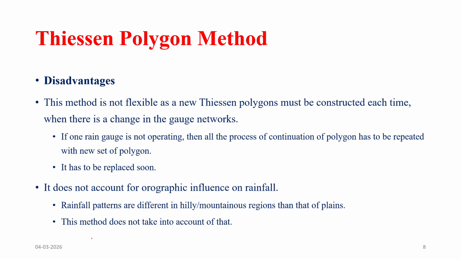The Thiessen polygon method does not handle orographic influence or orographic effects well. In hilly or mountainous areas, rainfall changes a lot due to elevation. This method ignores topography completely. It treats the area as flat and assumes rainfall depends only on distance to the nearest gauge.